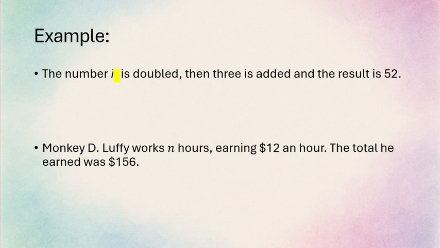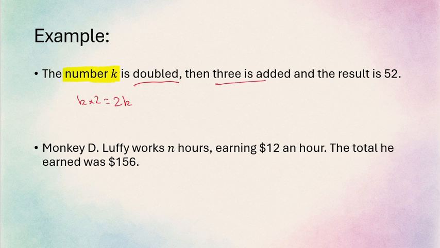We know k is the variable, so the number k has been doubled. What does doubled typically mean? Doubled just means times 2. I'll write it the other way just so it makes sense: k times 2, which equals 2k.